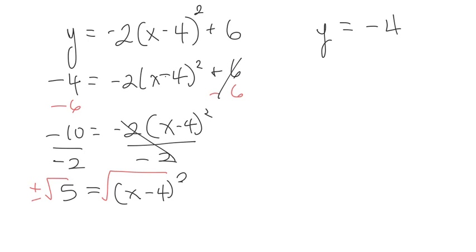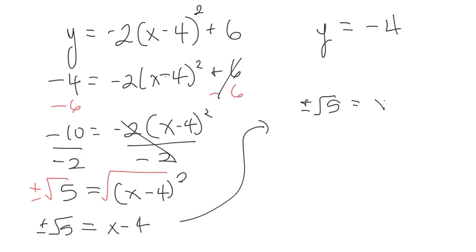Now that I've done that, my next line becomes plus or minus square root 5 equals x minus 4. This actually produces two possibilities, so I'm going to break these into the two cases. First, if I have square root 5 equals x minus 4, I add 4 to both sides, and so I have 4 plus root 5 equals x.